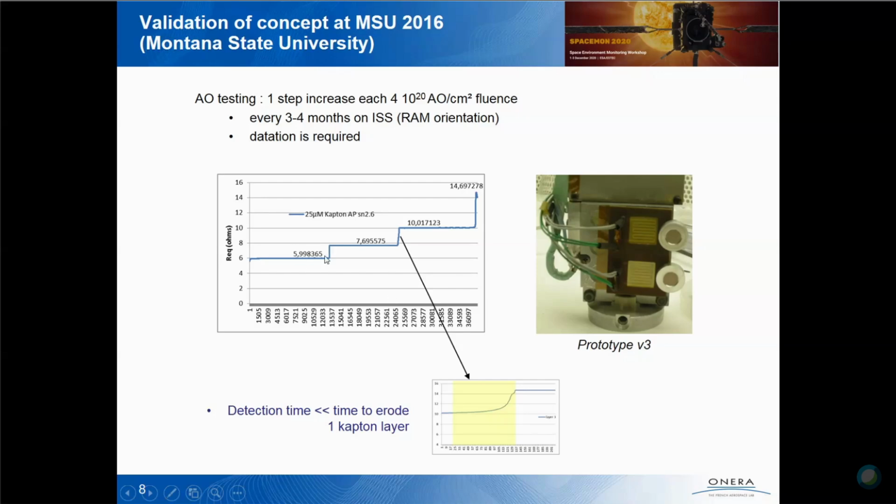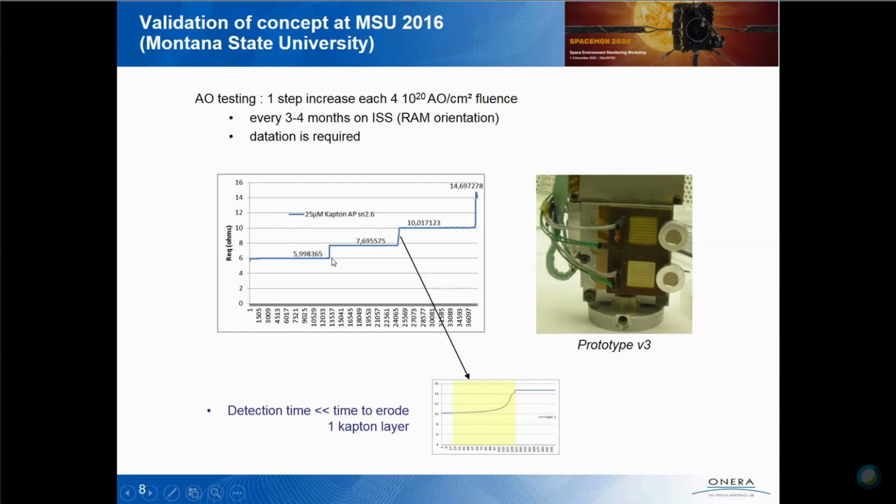Each time you have this step increase, there's a fluence of about 4 times 10 to the 20 that has been received by the detector. We could also check that the detection time is very rapid, much lower than the time to erode one layer, ensuring a good accuracy of detection.